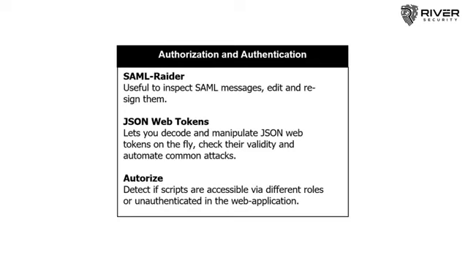And then within Authorize, I can load in a session identifier for a non-privileged user, or an unauthorized user, or maybe a low privileged user. And what Authorize allows me to do is detect if any of the high privilege scripts and functionality is accessible from any of the other sessions that I want to explore the application with.